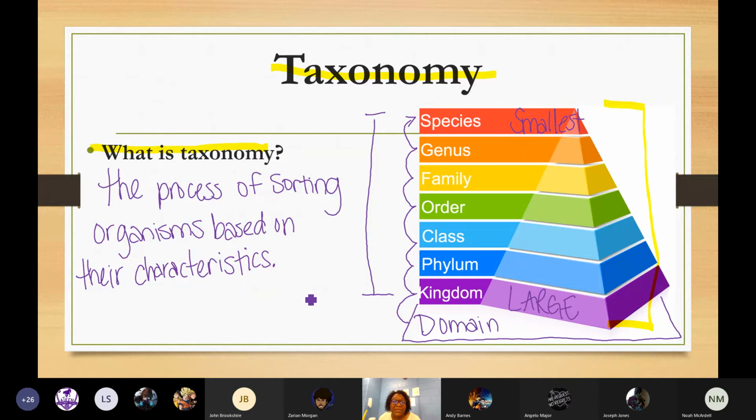That's done on purpose because we go from using this hierarchy, which we'll learn what that is in a second, from the most broad characteristics to the most specific characteristics. Okay? So we start to become more picky.